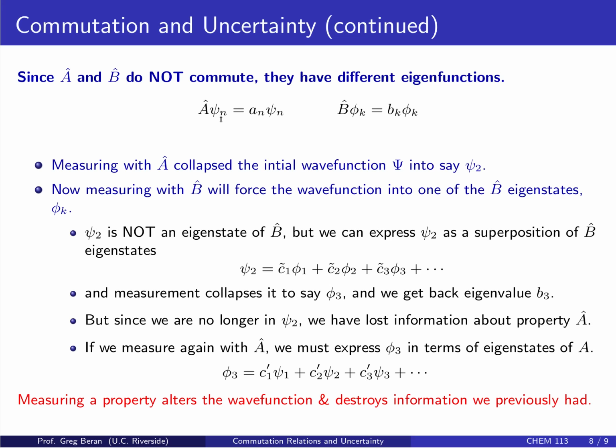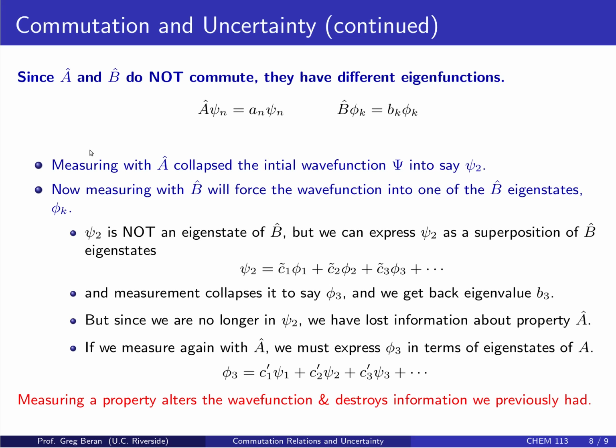I put a little subscript n to differentiate the different possible states of psi, and I picked a different letter k to represent the different possible eigenstates of operator b, just to help highlight the fact that these are different sets of functions, different sets of states. And of course, they each have their own sets of eigenvalues, a sub n and b sub k.